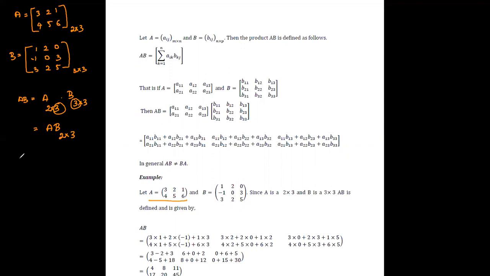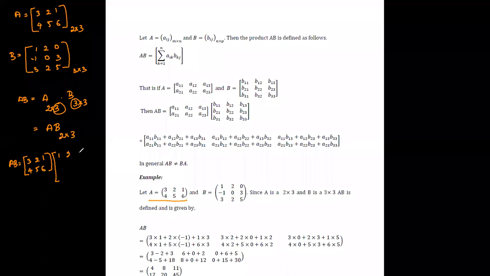To obtain this product, we write the matrices in this form: matrix A is 3, 2, 1 with 4, 5, and 6. Matrix B is 1, 2, 0, minus 1, 0, and 3, and here it is 3, 2, and 5.